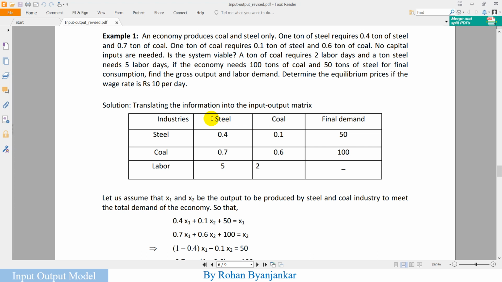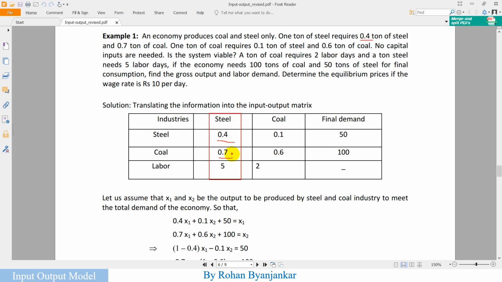So if we deal with the input, then we shall always look at the column of the input output matrix. This is the input used by steel. It means that 0.4 ton of steel is used as an input, and 0.7 ton of coal is used as the input.